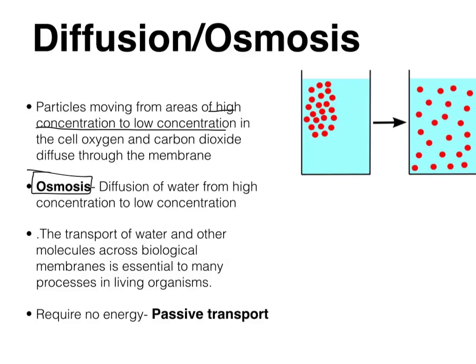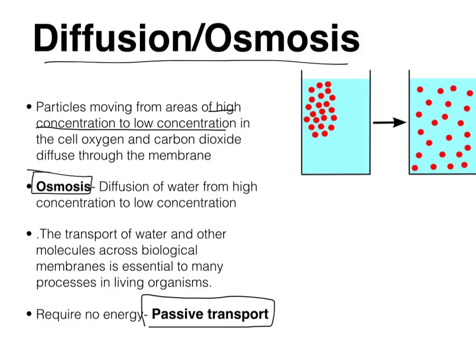Diffusion and osmosis, these two specific processes, are considered passive transport. And this is important to note because they require no energy. So there's no ATP required to get oxygen into the cell or carbon dioxide out.